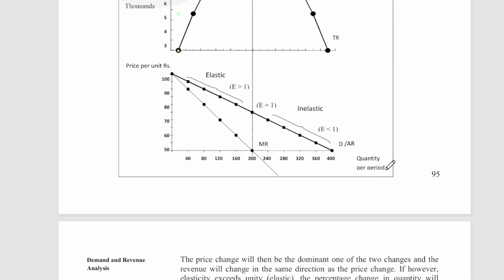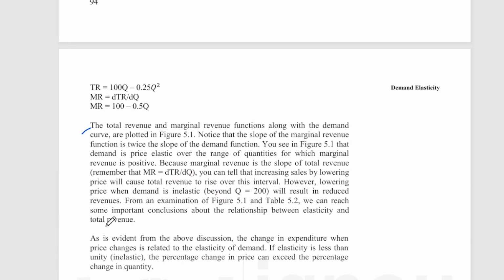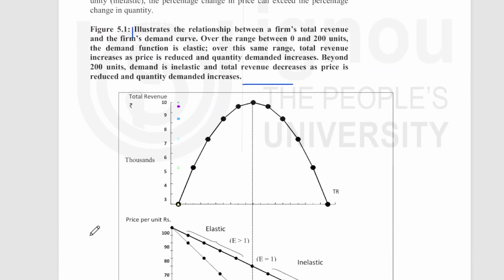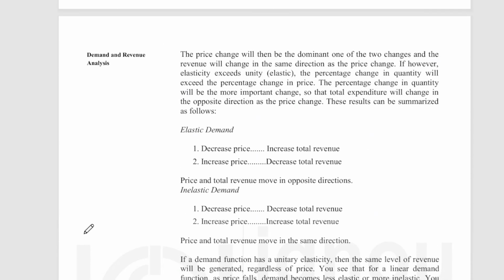So this is that. Okay, please refer to your study material also, it will be more clear. And if elasticity is less than unity, the percentage change in price will dominate, and the revenue will change in the same direction as the price change. If however the elasticity exceeds unity, the percentage change in quantity will exceed the percentage change in price, and the percentage change in quantity will be the more important change, so that total expenditure will change in the opposite direction as the price change.